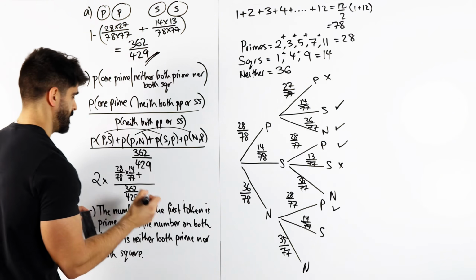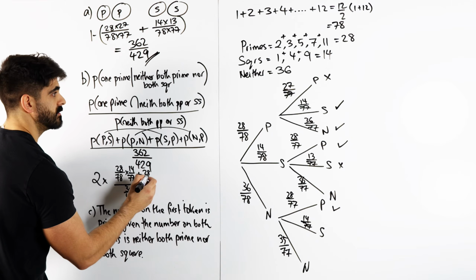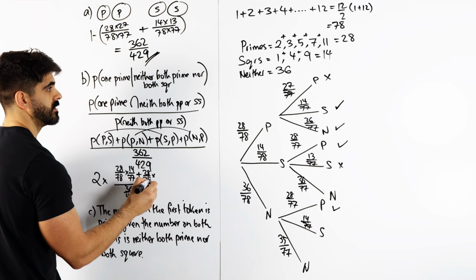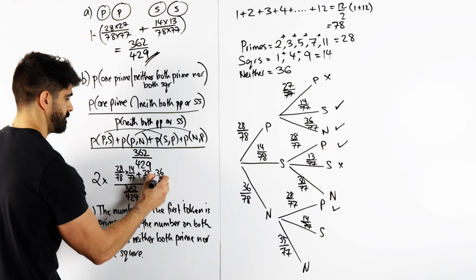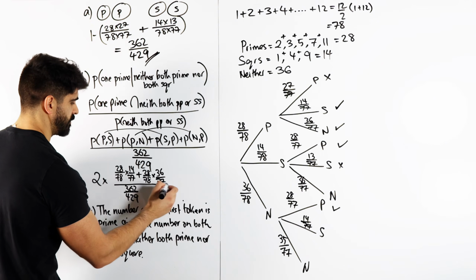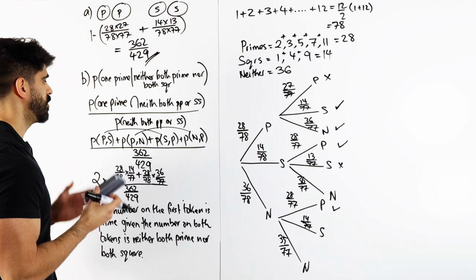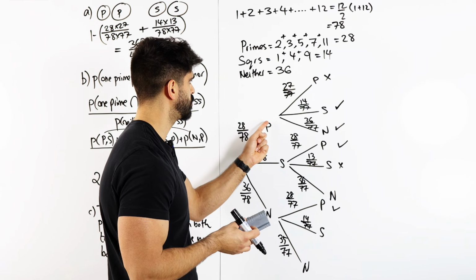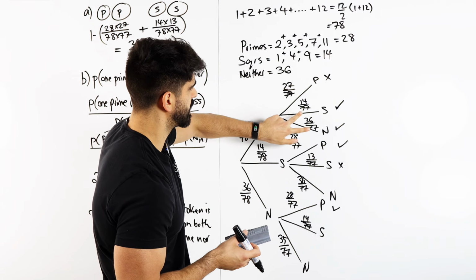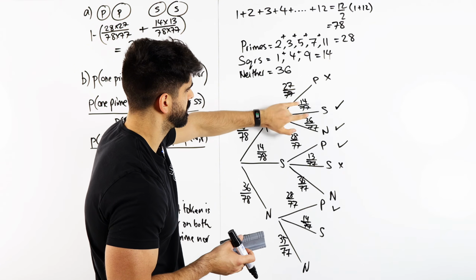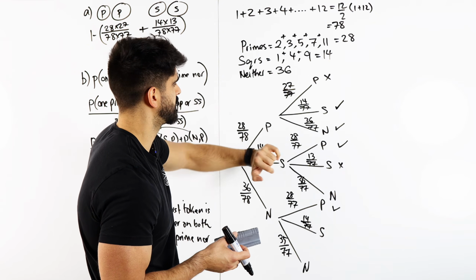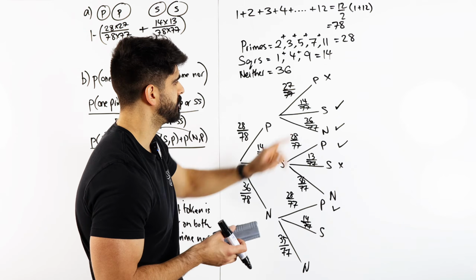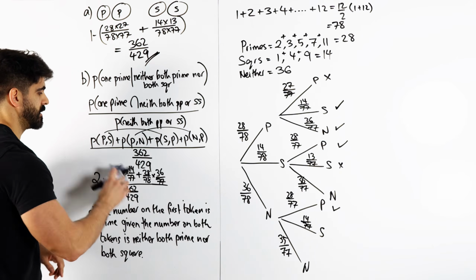This times that, plus 28 over 78 times 36 over 77. How could you have computed this even easier? Because we want 1 prime, we basically just want this branch excluding that. So you can add these together: 36 plus 14 is 50 over 77. So you can do 28 over 78 times 50 over 77, and that's really easy.